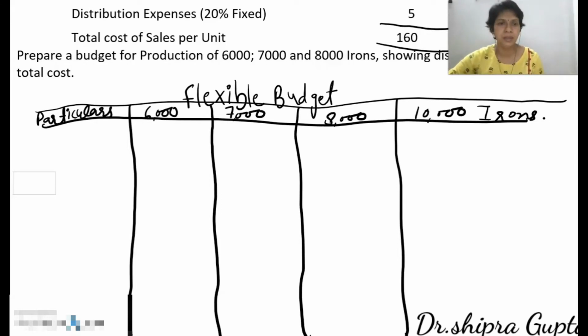First, we will divide here only into 2 parts, variable and fixed, and you can also divide it into 3 parts. Variable cost is a combination of all the variable expenses.